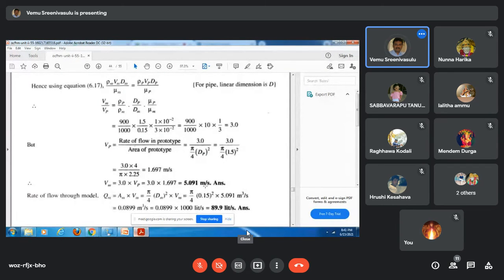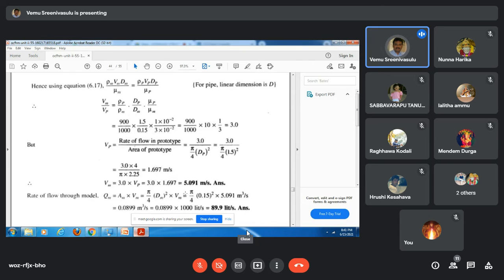So then only we can predict the behavior of the prototype. Okay. So similarly, what is the rate of flow through the model? Q is equal to AV. A is pi d squared by 4. So D is here 0.15.